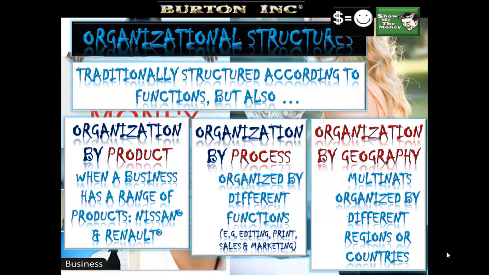We can organise a business by the process, the different functions, and we've had a look at this already. And we can also organise by geography as well. Quite often multinational companies are going to be organised around different regions or different countries. So there'll be somebody that heads up the Indian division of Coca-Cola, and within the Indian division there'll be more components of the organisational structure within that geographic location.